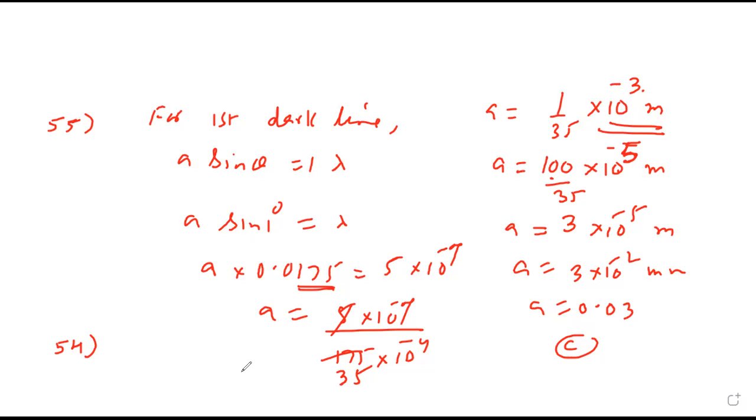Diffraction is due to interaction of light from different parts of the same wavefront, and interference is due to interaction of light waves derived from two isolated sources, derived from the same source, that means coherent. So B is the answer.